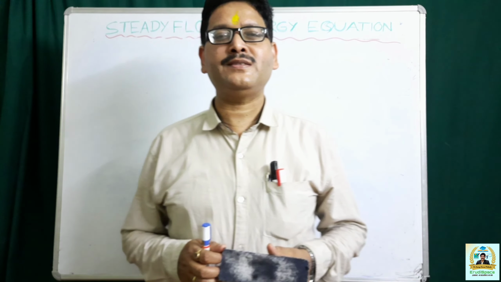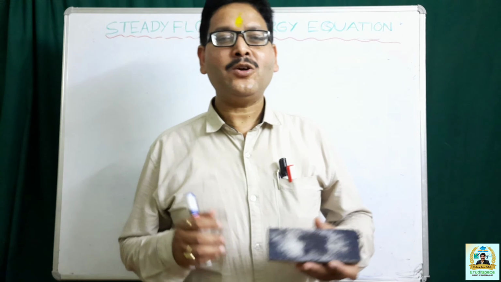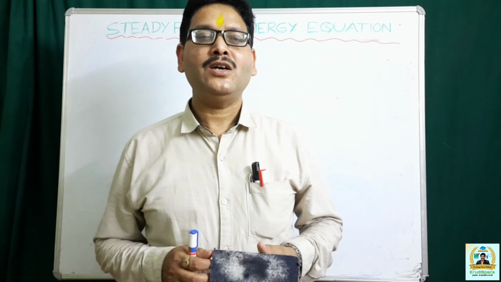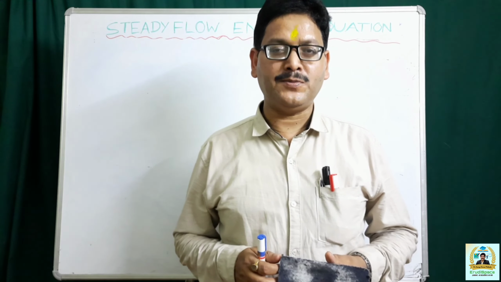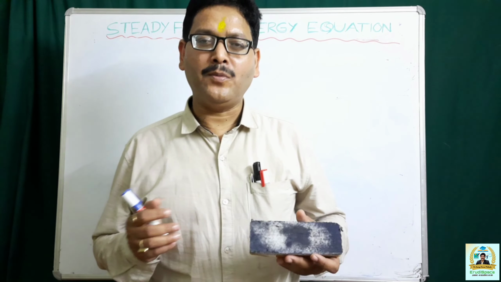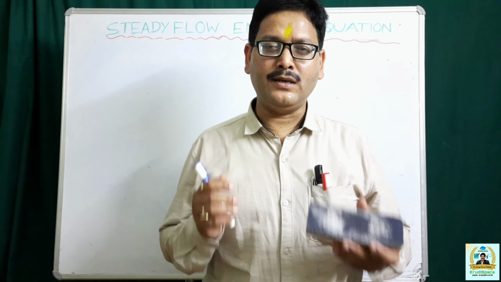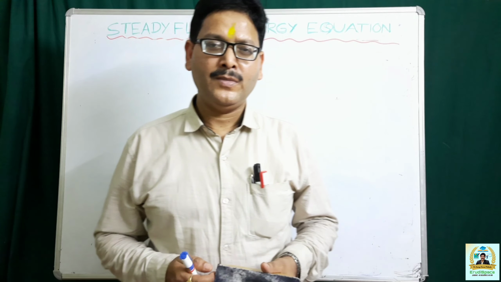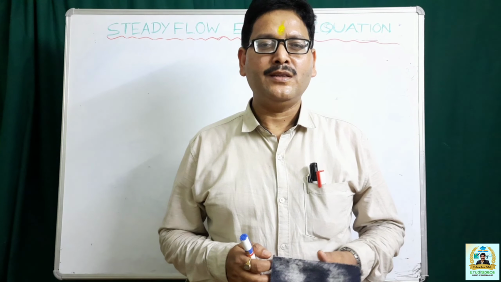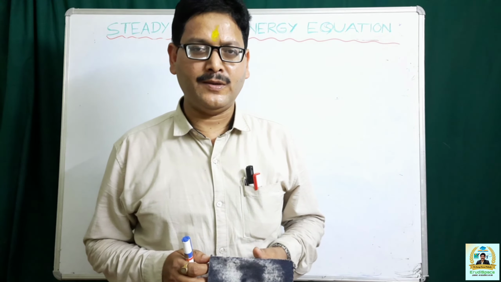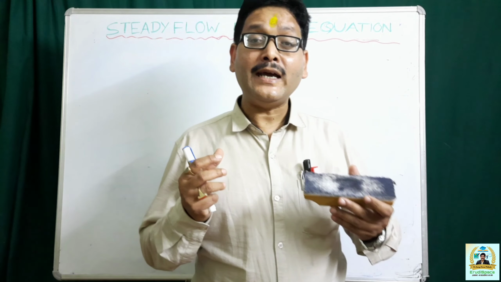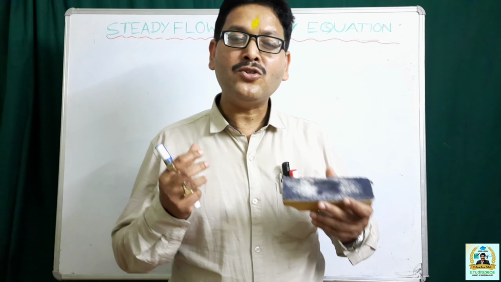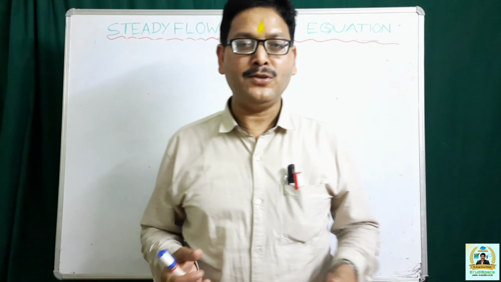Control volume is similar to a closed system, but it is applied particularly when flow of the working substance takes place. You have components like boiler, condenser, compressor, turbine, evaporator, where there is a continuous flow of fluid. For analysis of such cases, the control volume concept is introduced.